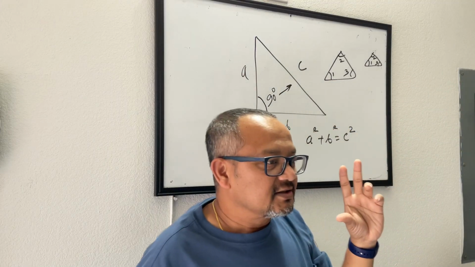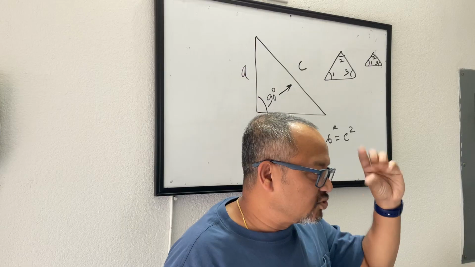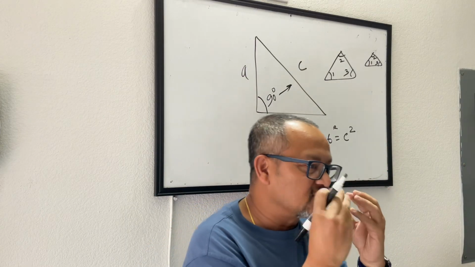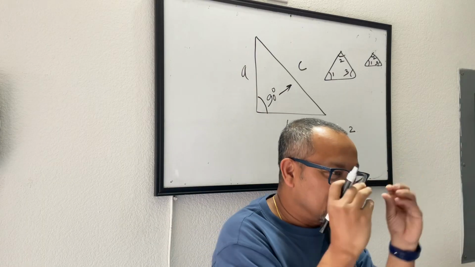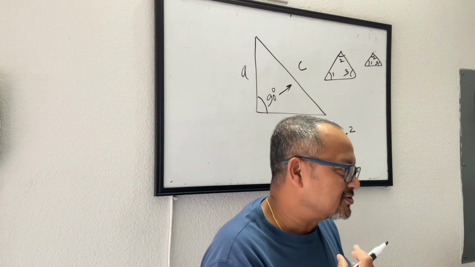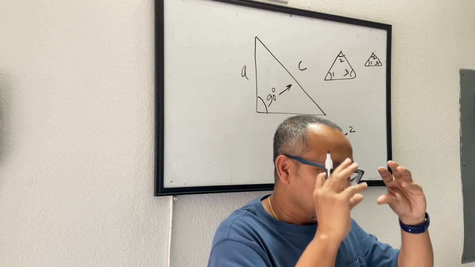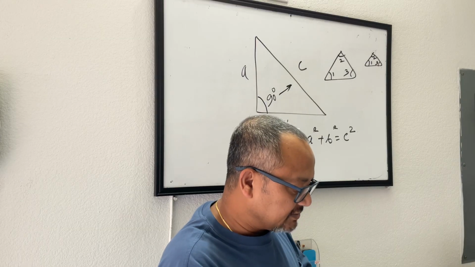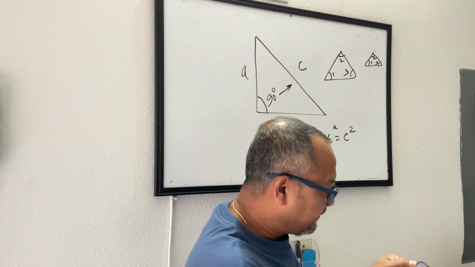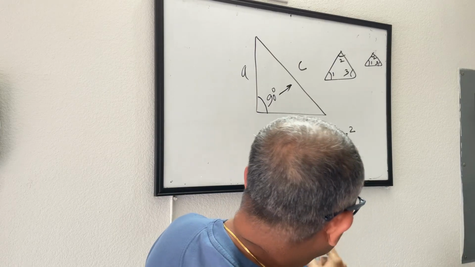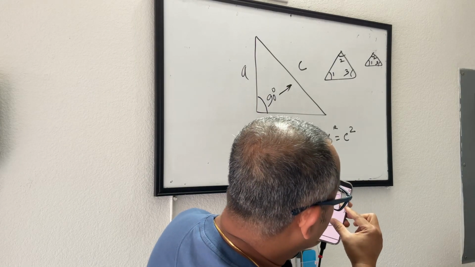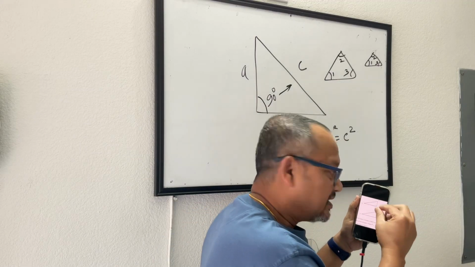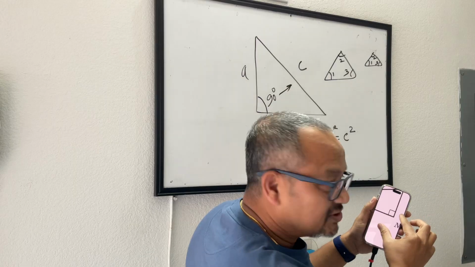In these triangles, every angle has a corresponding matching angle in the second triangle. Everybody uses a phone, so think of zoom in, zoom out. If you have a small triangle in a picture and you zoom in, I'm just making the size bigger, but the angles don't change.